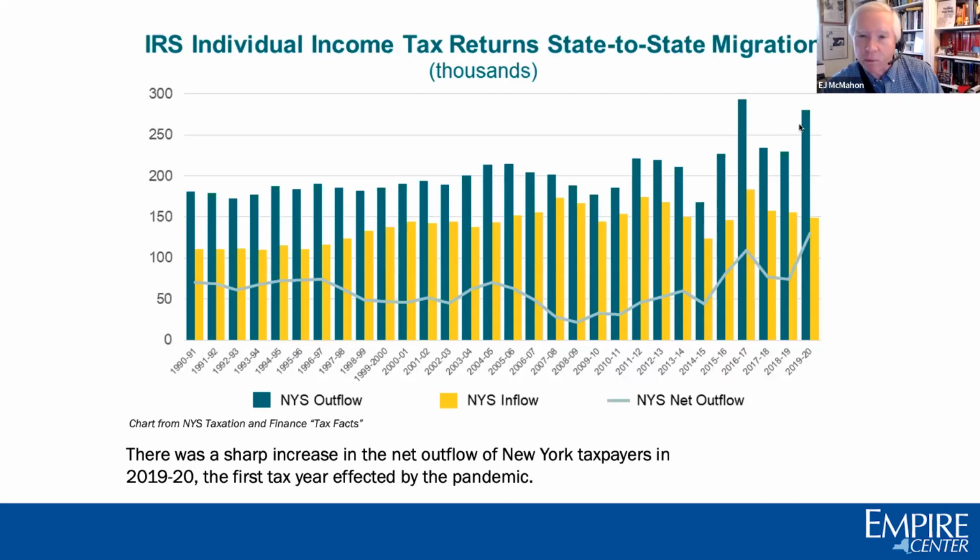Why? Well, that's one of those things that we don't know. The net was smaller, however, because there was also a bigger inflow between 16 and 17. The IRS data can be a bit funky and can have some odd jumps and falls in New York and other states that are not completely explicable. That data has been criticized at times by analysts who look at it closely, but it's the best we have.